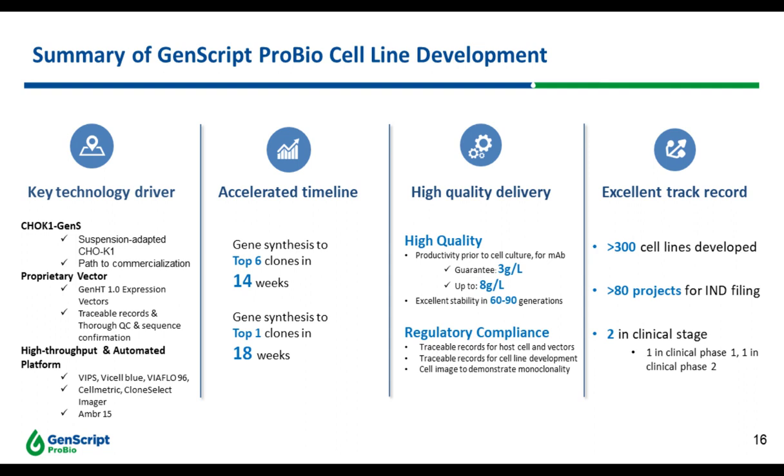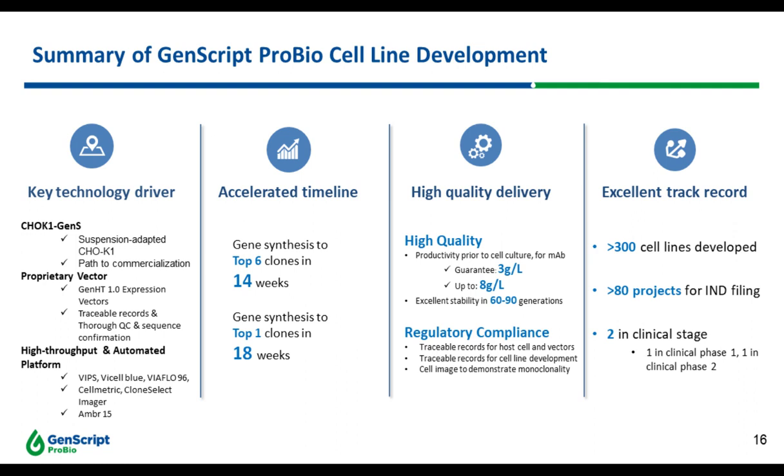You can accelerate your cell line development timeline, which means it accelerates the overall drug development timeline. From gene synthesis to top clone requires only 14 weeks, and from gene synthesis to cell banking about 18 weeks. And for high quality delivery, they can deliver high productivity clones.